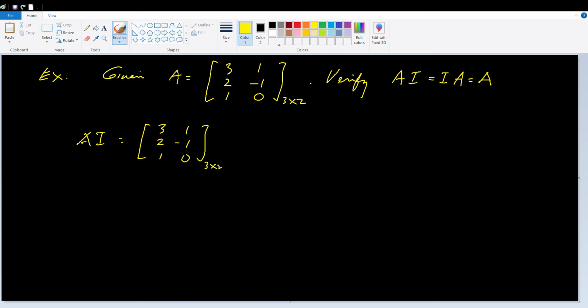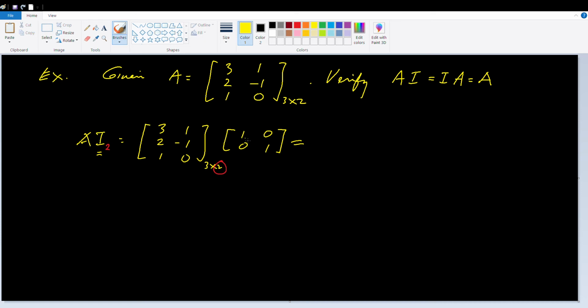So what must be the size of matrix I, or the identity matrix? There is a requirement when it comes to the product of two matrices, no? That the number of columns of A must equal the number of rows of matrix I. So in this case, we will be using the identity matrix I sub 2. So we multiply it to a 2 by 2 identity matrix.